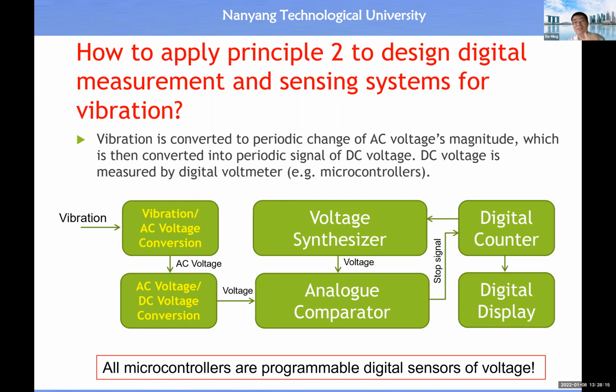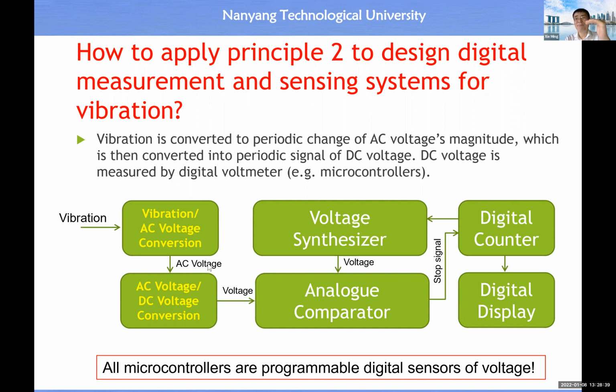Then this vibration could be converted into AC voltage, because the eddy current effect sensor is more or less like a transformer. You can consider it as a dynamic transformer. So the input is AC voltage, and the output is AC voltage.